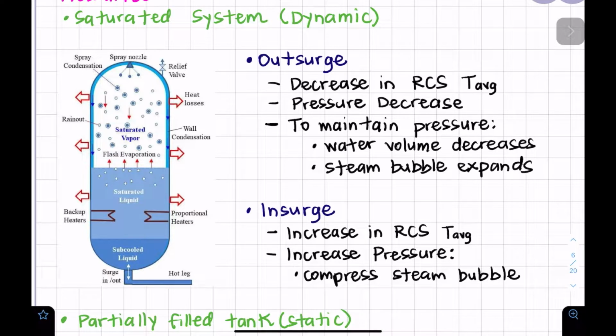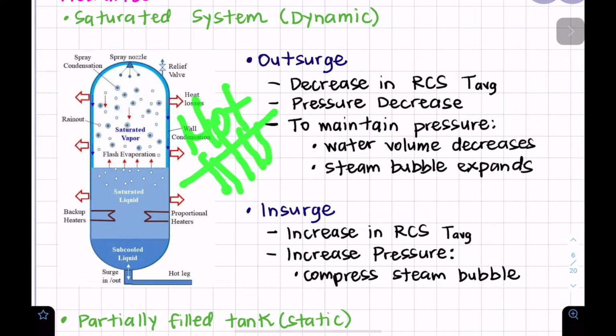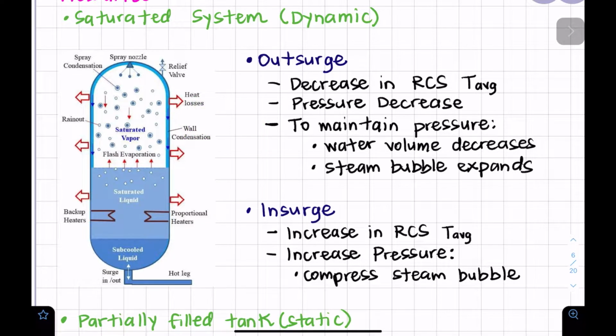So the heater is going to continue to add more and more energy into the water, because we want to return the pressurizer pressure to normal conditions. So as the pressure falls, the backup heaters are going to turn on. We are heating in here, increasing the temperature.